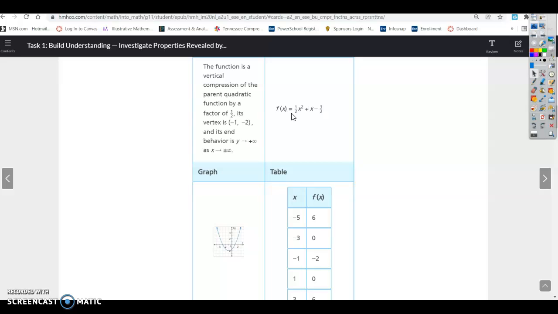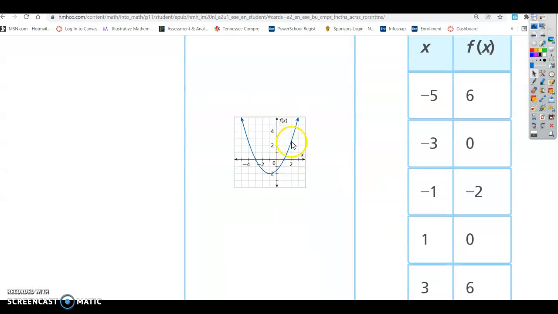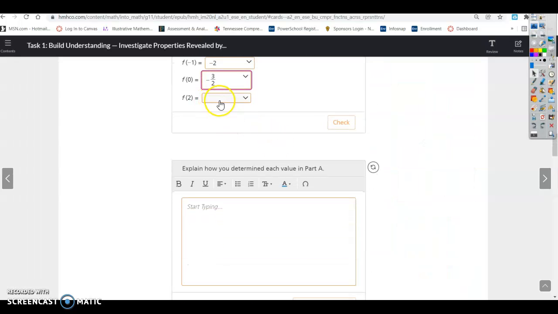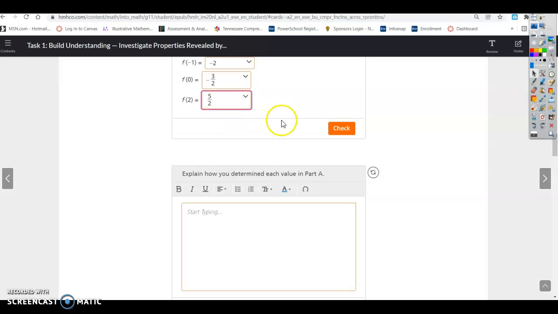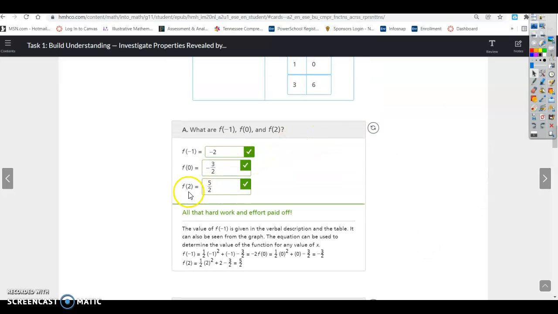Then 2 plus 2 is 4, and then subtract 3 halves. So 4 minus 3 halves is the same as 1.5. So that's going to be 2.5, which is what it looks like on the graph as well. 2.5 written as a fraction would be 5 halves. Again, that just comes from plugging 2 into the equation and solving.